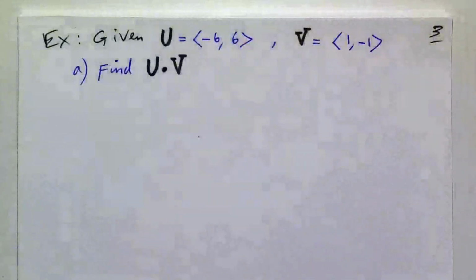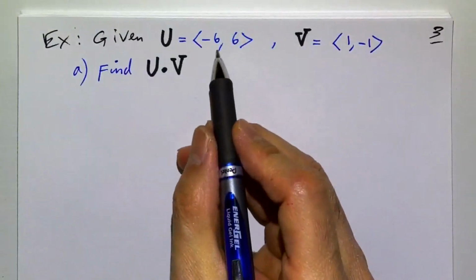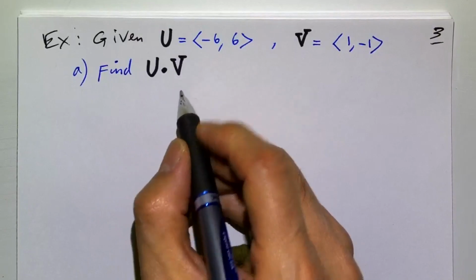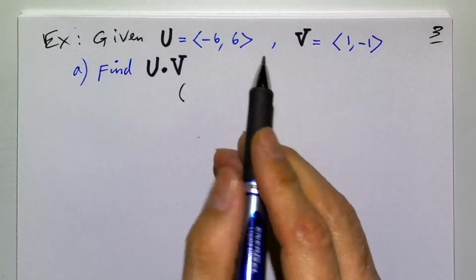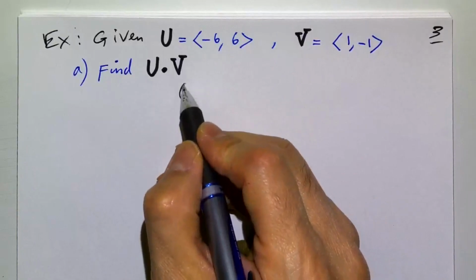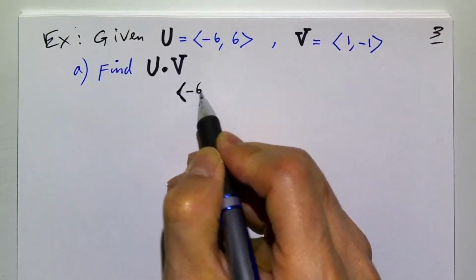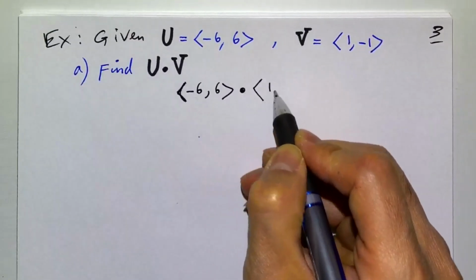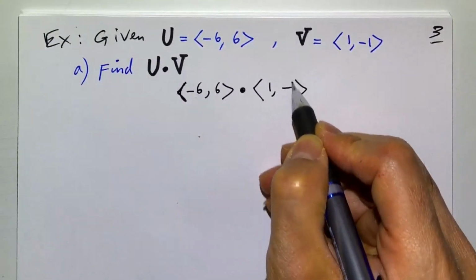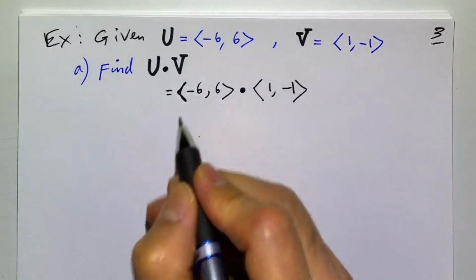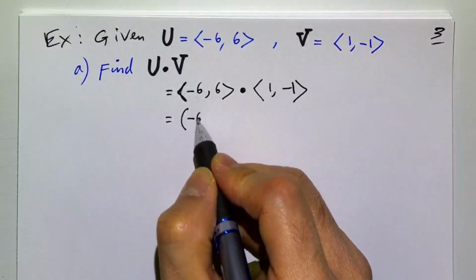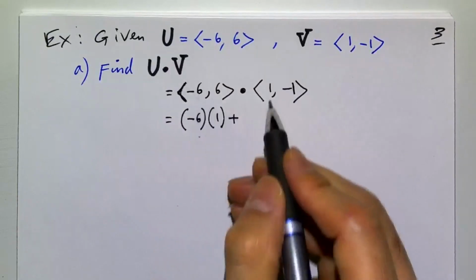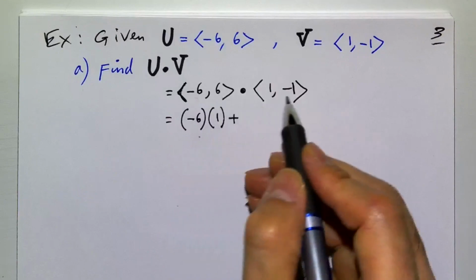Okay, so let's do that here. Let me start in component form. So negative 6 comma 6 dot product of 1 comma negative 1. That would be equal to negative 6 times 1 plus 6 times negative 1.